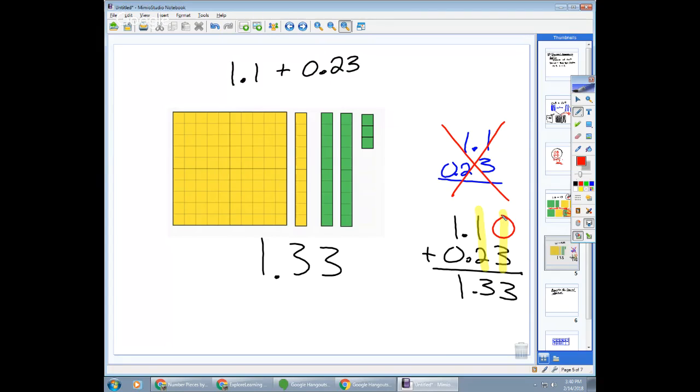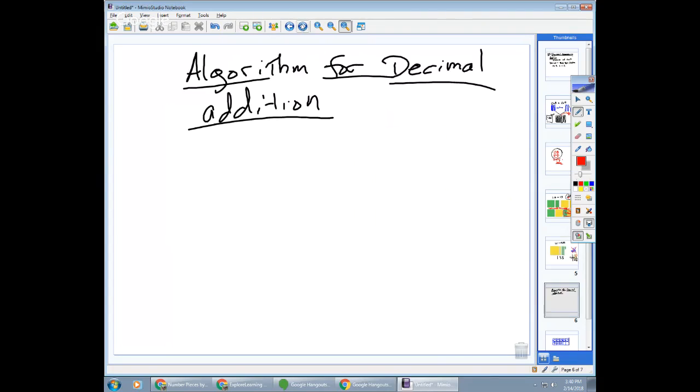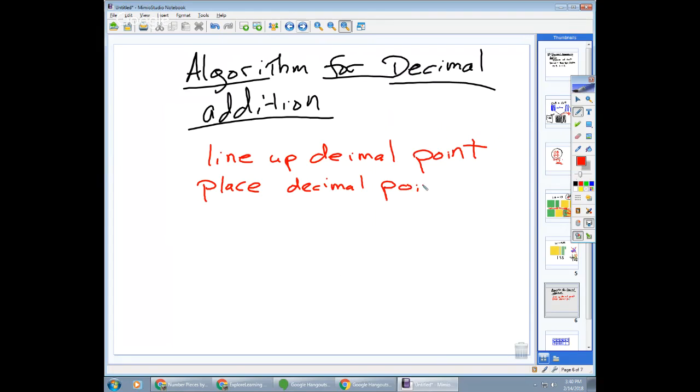All right, so for our algorithm, it's simply line up the decimals. And by that I mean decimal points. Place decimal points in same position below.